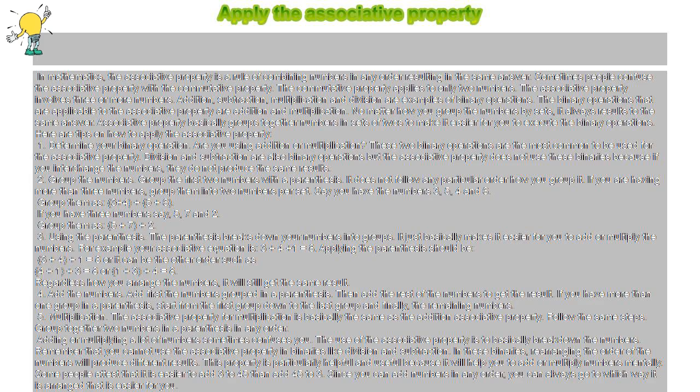Adding or multiplying a lot of numbers sometimes confuses you. The use of the associative property is to basically break down the numbers. Remember that you cannot use the associative property in binaries like division and subtraction.